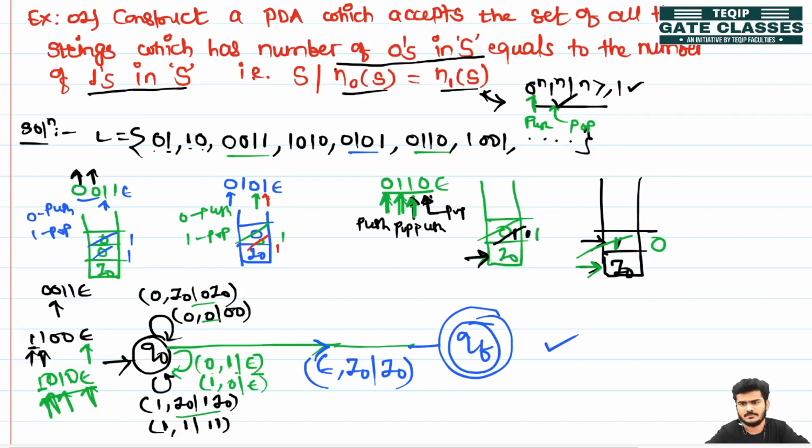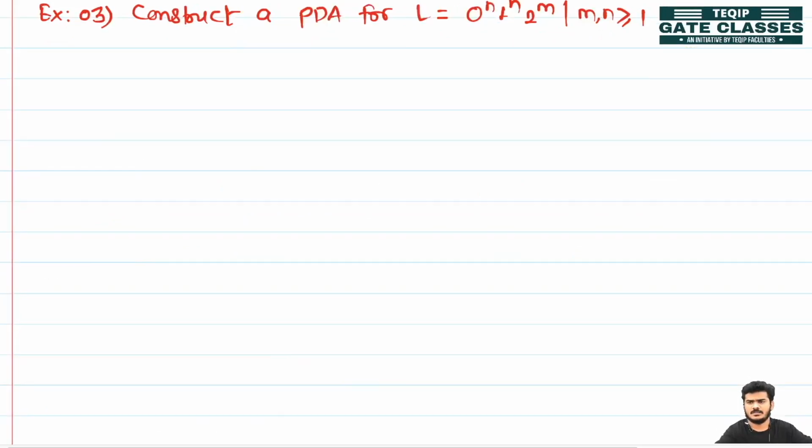The example is: we have to construct a PDA for the language L equal to 0 to the power n, 1 to the power n, and 2 to the power m, where m comma n is greater than or equal to 0. First of all, I will write some strings of this language. The minimum length string is 0 1 2, when m and n are both equal to 1.